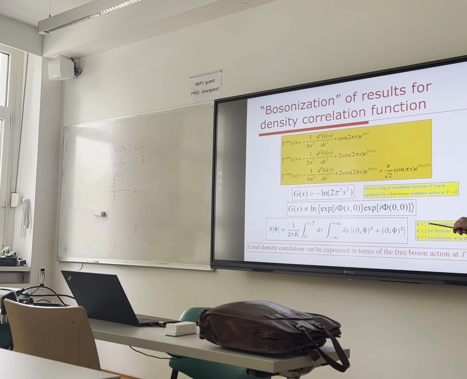So when K is equal to 1, this bosonic action corresponds to non-interacting fermions. When K is smaller than 1, it corresponds to fermions with repulsion. And when it is bigger than 1, it corresponds to fermions with attraction.